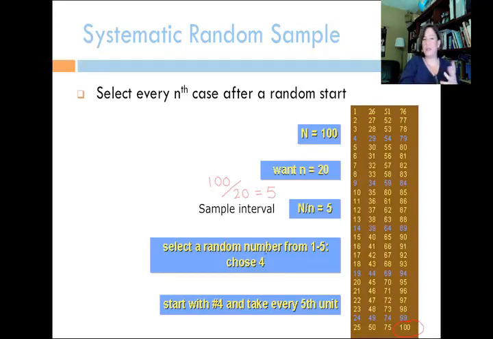So this is random, this is arbitrary. Any number between 1 and 5, random start on 4, and you can see this random start on 4, and then every 5th person is chosen for the sample. This is called systematic random sample with a random start.